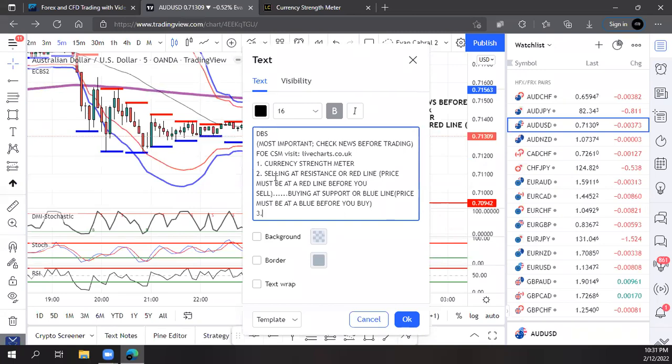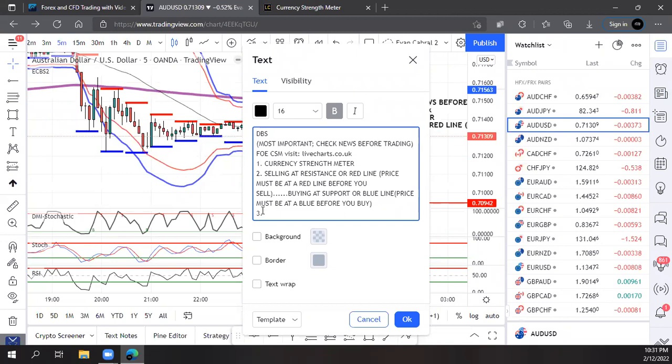So the third thing we are doing, the third thing you want to consider, is the DMI. Or I should do this instead.